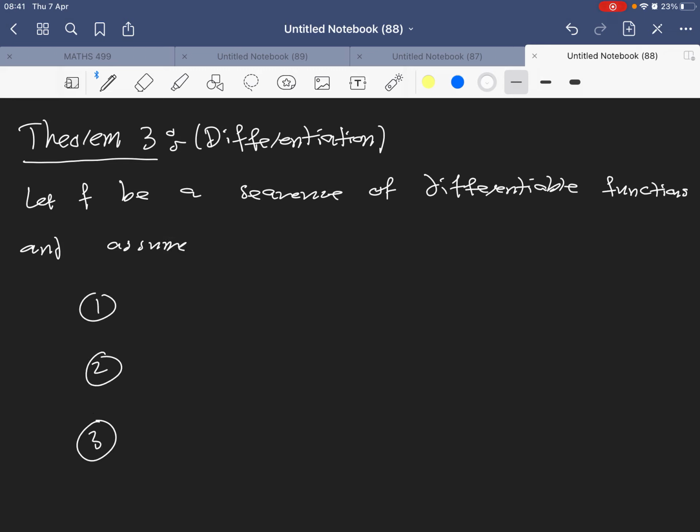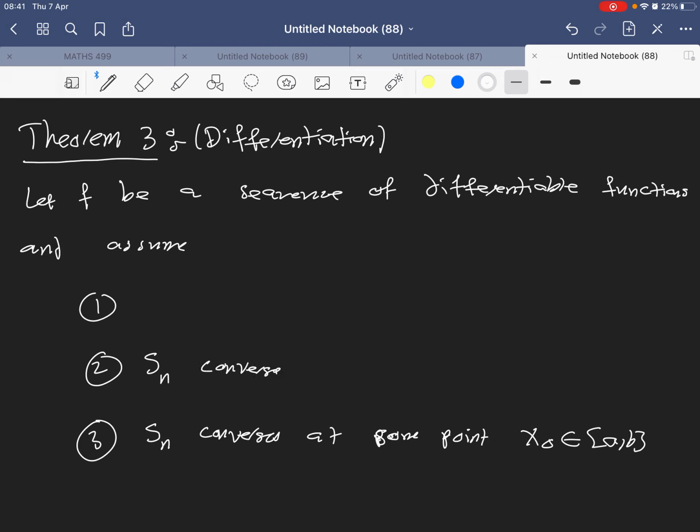The first is that Sn converges at some point x0. The second condition, if you remember, was Sn dash converges uniformly.